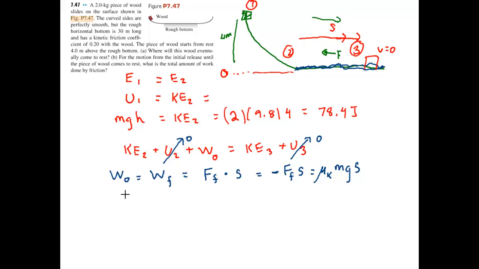So I can go ahead and say I know that the kinetic energy at 2 is going to be 78.4 minus the work done by friction, I forgot my minus sign, mu sub k multiplied by the mass multiplied by gravity multiplied by S, is going to be equal to the kinetic energy at 3.